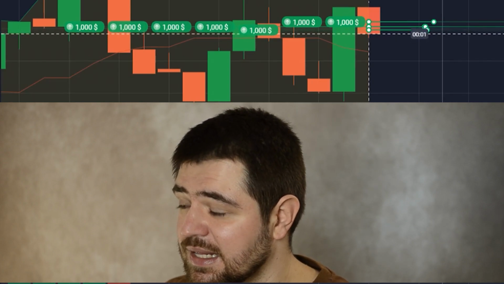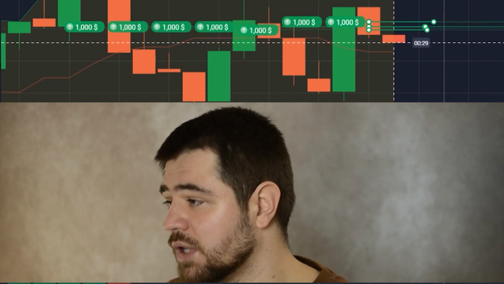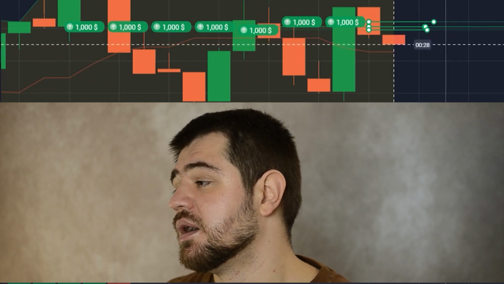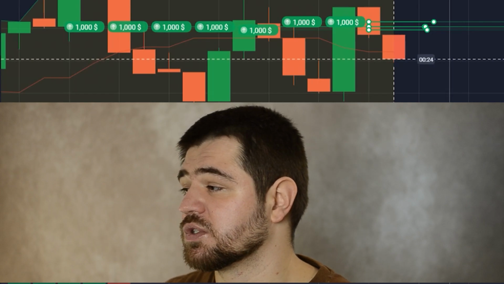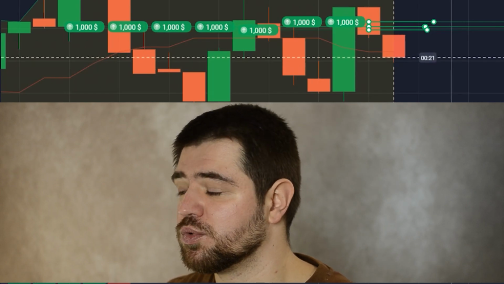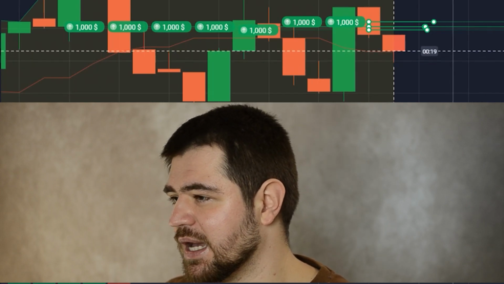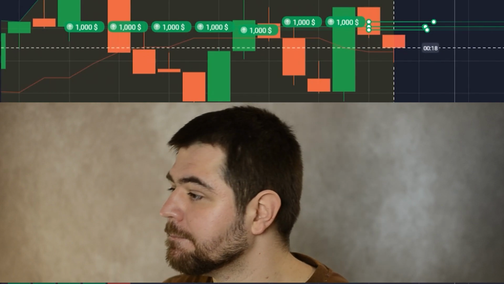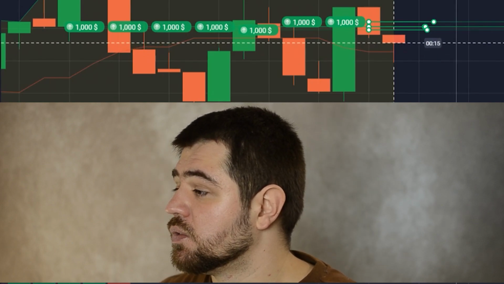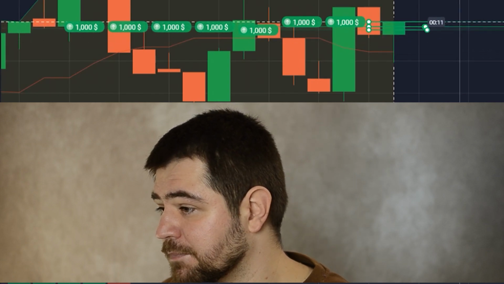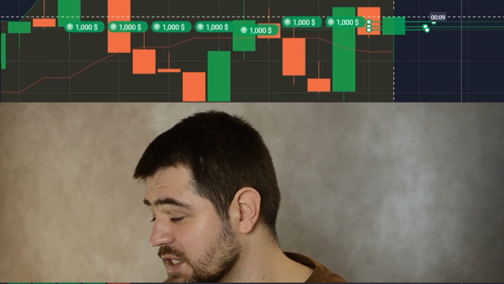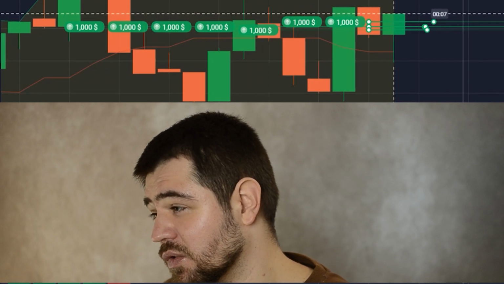People started selling, and then the long bullish green impulse candle. That's what's called a bullish absorption. That's when a buyer came again and bought it out. So that's the idea behind it. Basically, it's a strong pattern for a long situation.